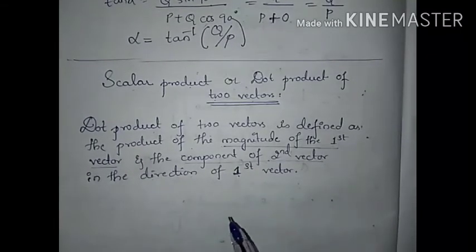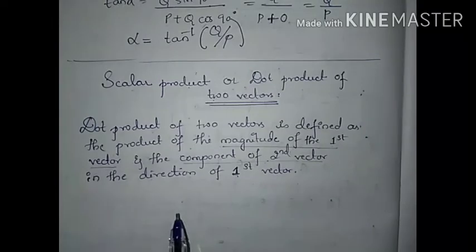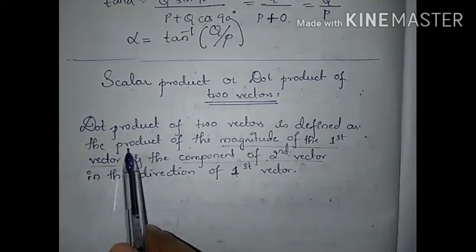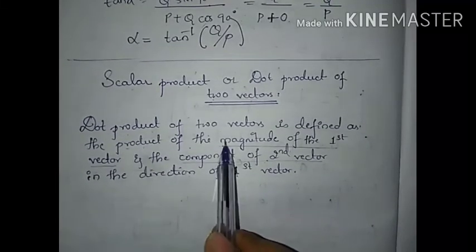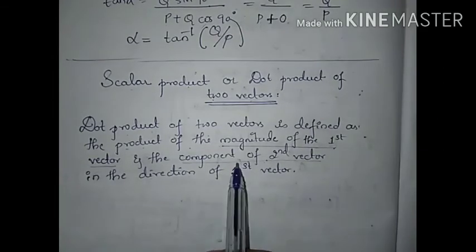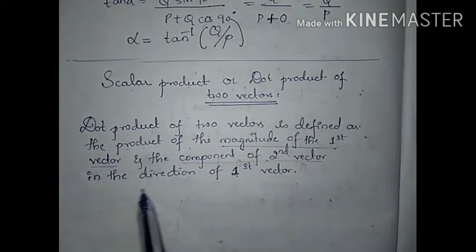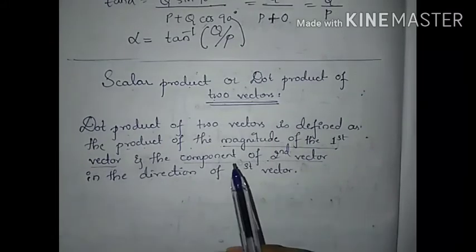So you have vector 1 and vector 2. The dot product is just a normal product of the magnitude of the first vector and the component of the second vector in the direction of the first vector.